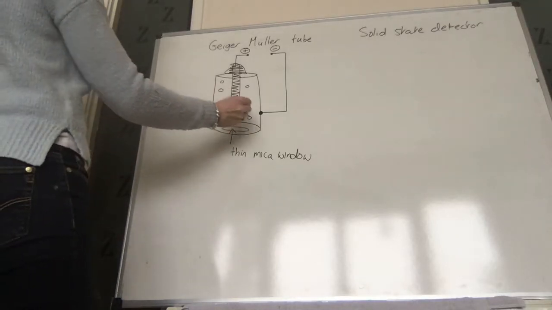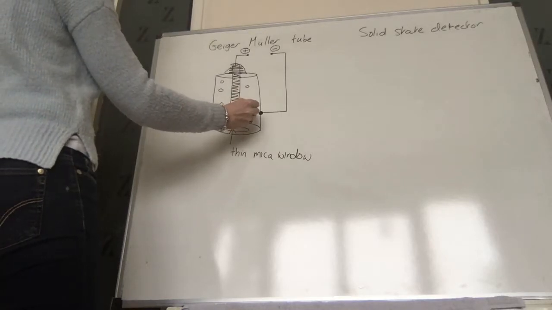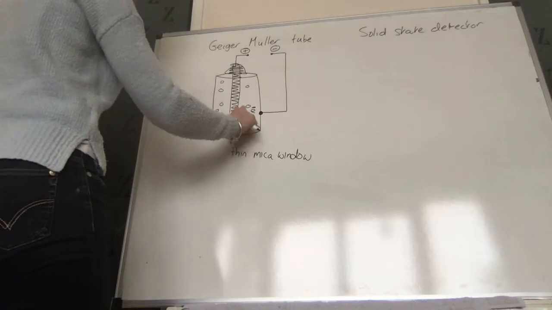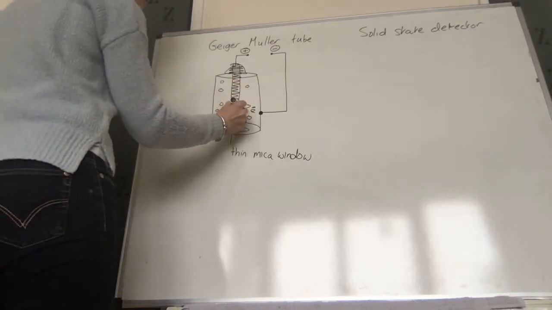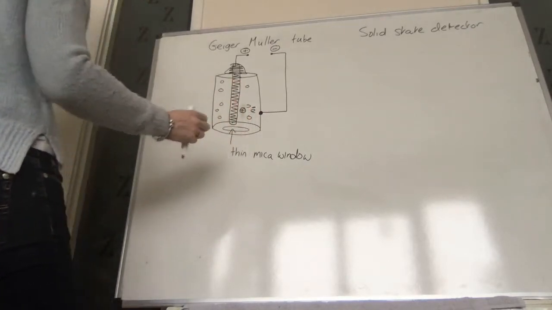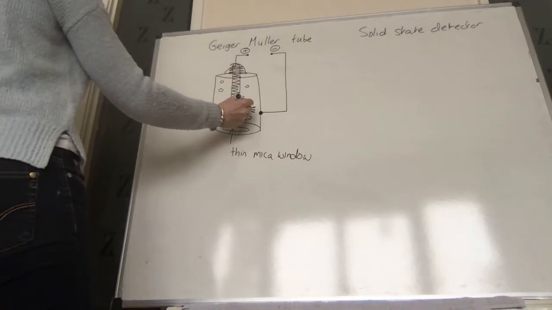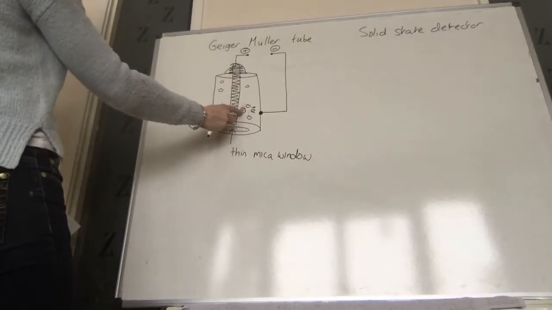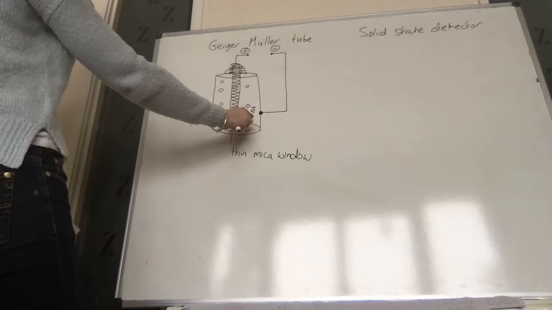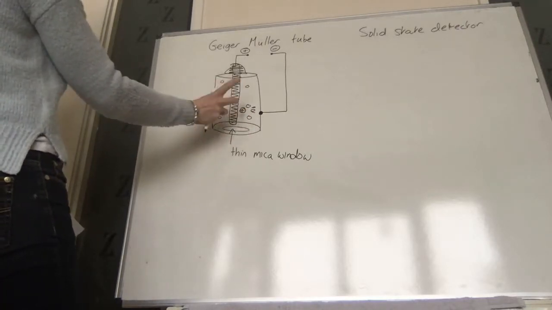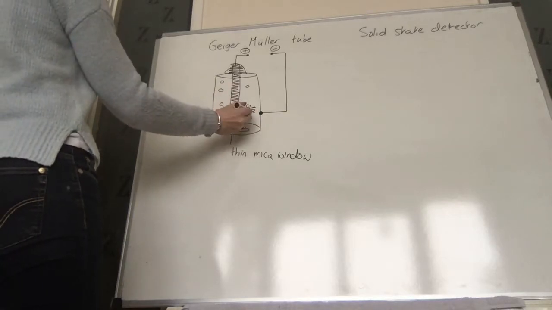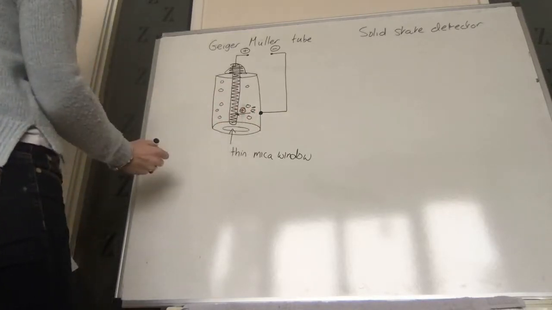The electron is negative, and it causes one of the atoms to become positively charged. So it may create more than one ion. But if it creates an ion and an electron, in other words, it ionizes a neutral atom, the electron will then be attracted towards the positive anode.